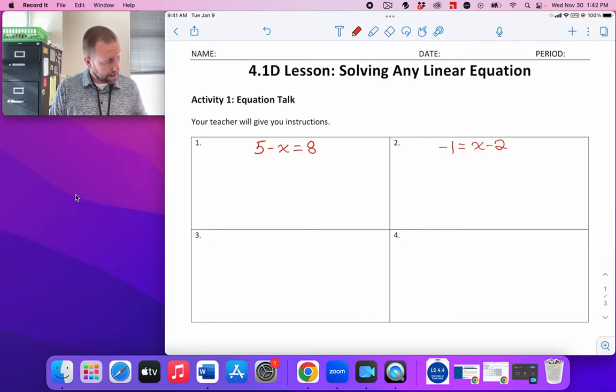For our next one, it is negative 3x equals 9. And for our last one, it is negative 10 equals negative 5x.